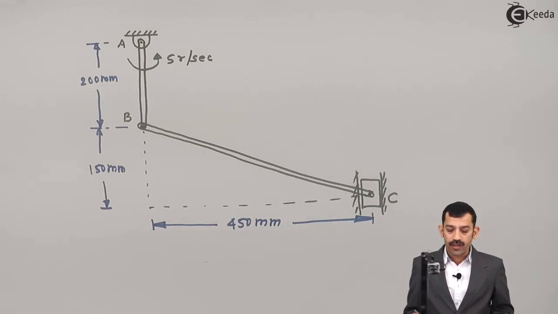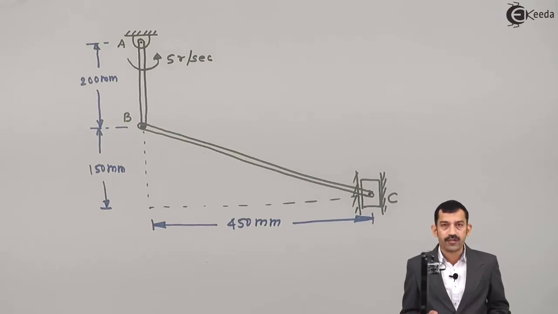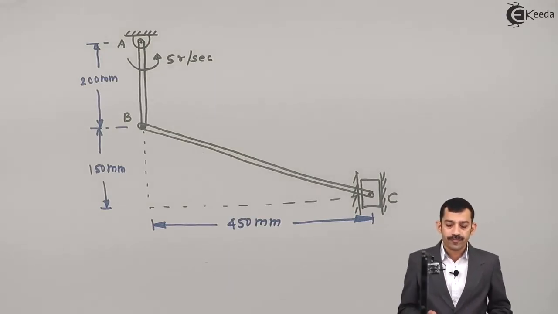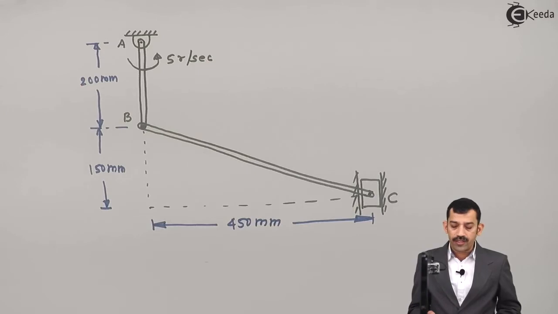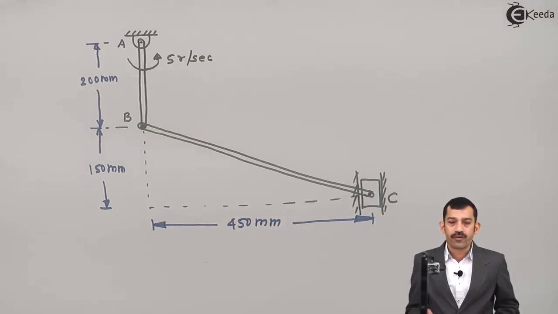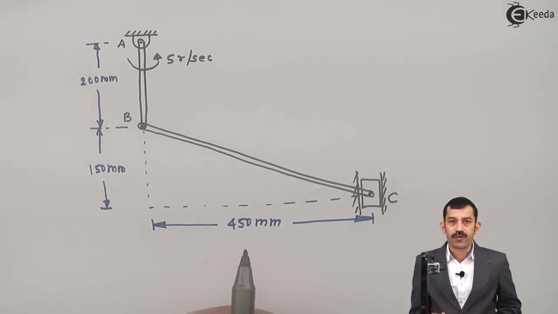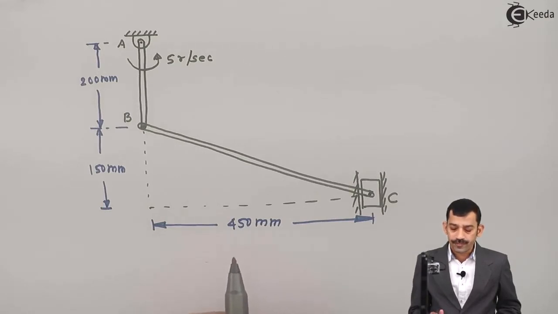Now as the angular velocity of rod AB is given, can you decide in which direction the end of rod AB moves? That means the direction of linear velocity of point B. Whenever any body rotates, linear velocity of any point on the rigid body is always perpendicular to the radius of rotation.